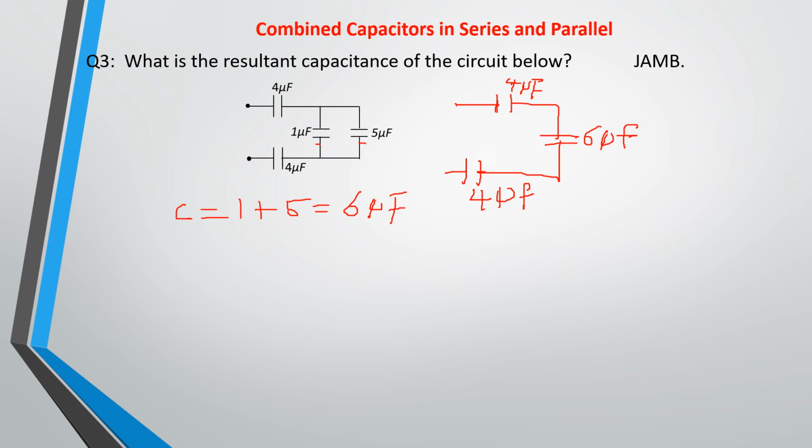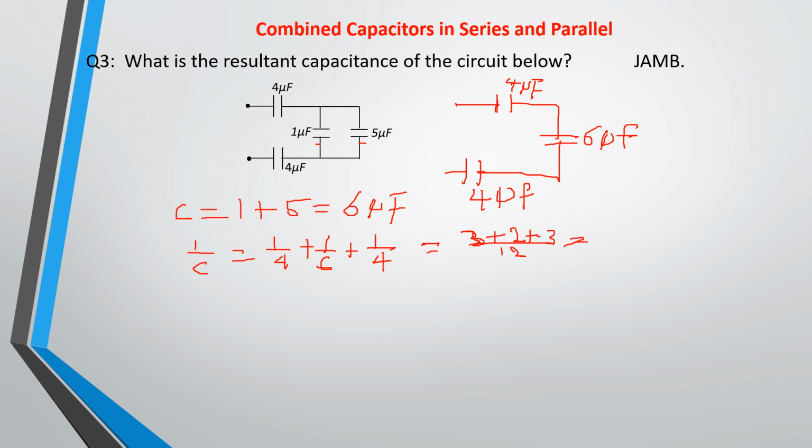So their combined capacitance will be the sum of their reciprocals. So 1 over C equals 1 over 4 plus 1 over 6 plus 1 over 4. The LCM of this arrangement is equal to 12. So you have 4 into 12 is 3, 6 into 12 is 2, and 4 into 12 is another 3.